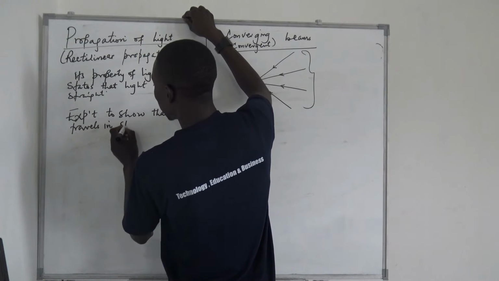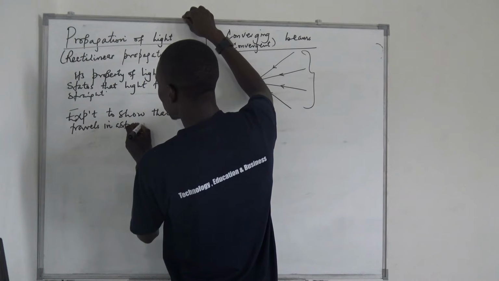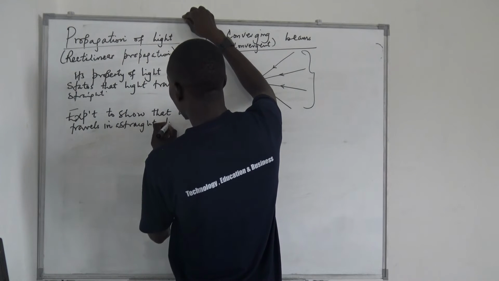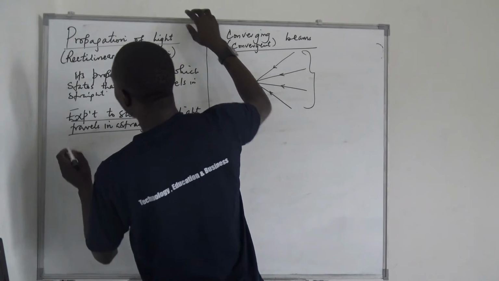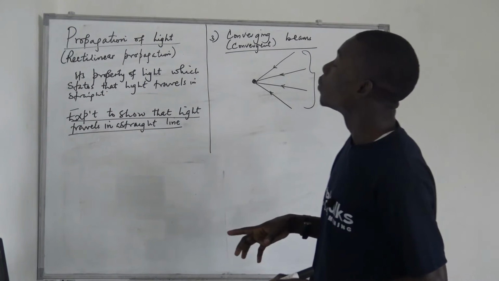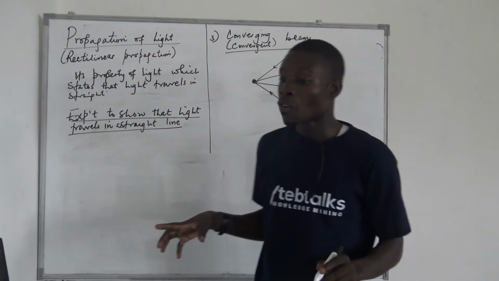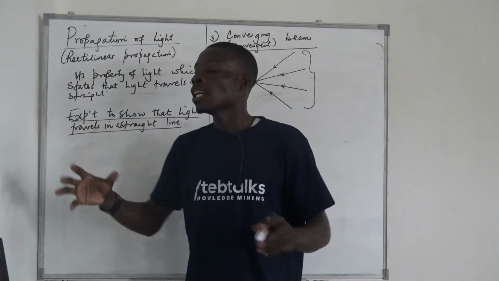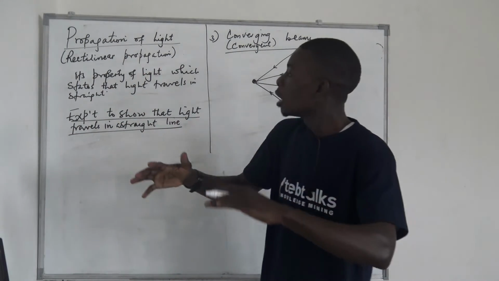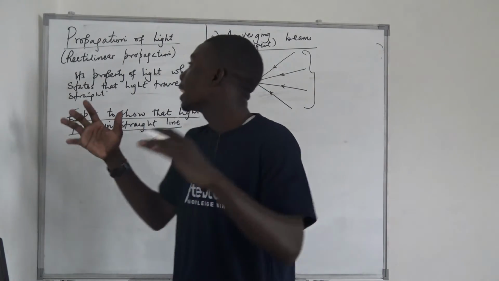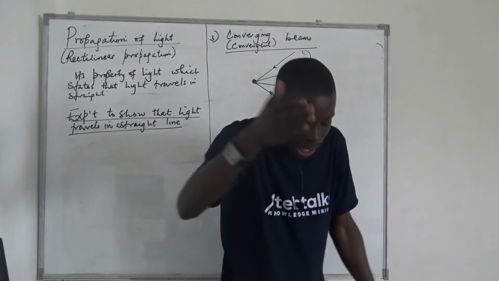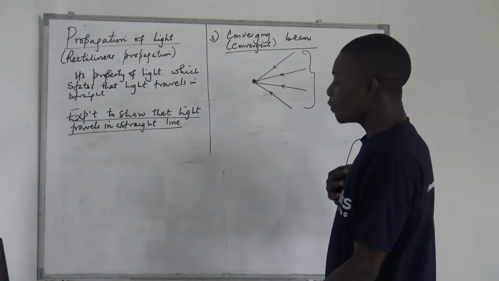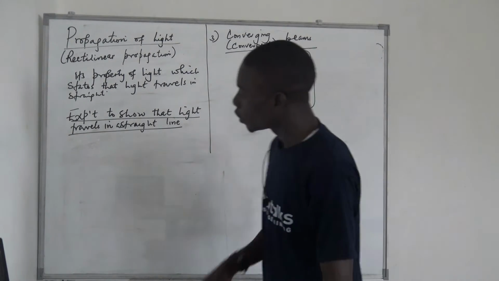Or you can say experiment to prove the rectilinear propagation of light. So what do we need if we are to prove that light travels in a straight line?